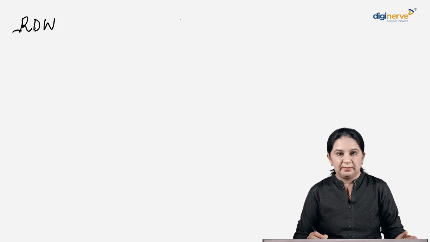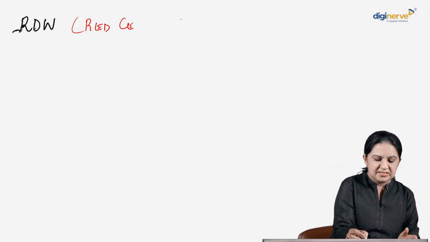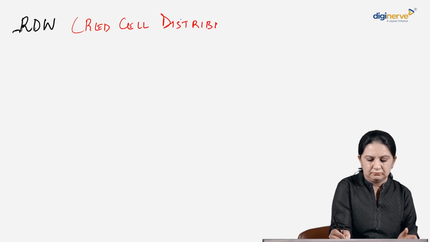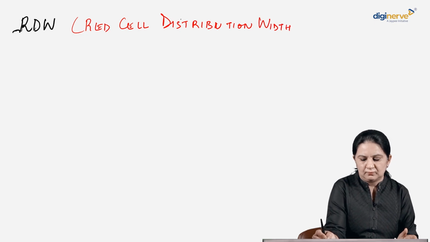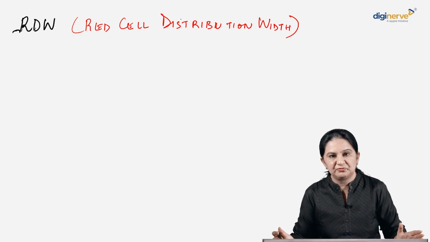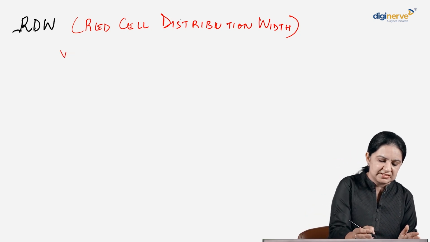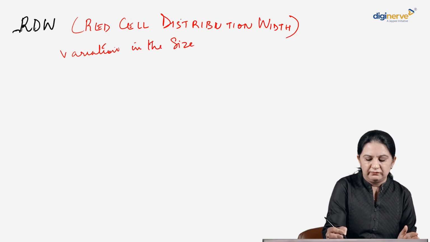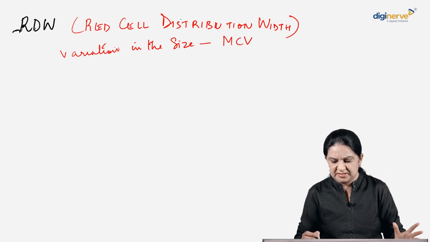Alright, so RDW. What is RDW? RDW is basically red cell distribution width. This is calculated based on the variation in size, or variation in the MCV, because MCV determines the size of the RBCs.